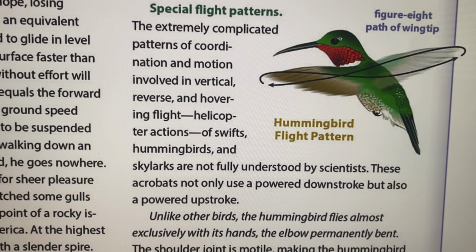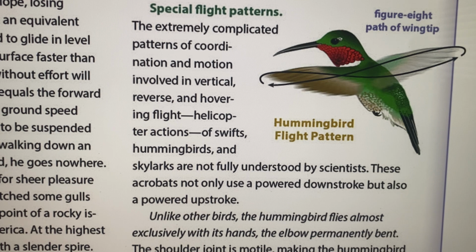The hummingbird has these little elbows, like a dragonfly. And so they tilt and they have this rowing motion, row back and forth, row back and forth, like that. And that keeps them up in the air, kind of like a dragonfly or an insect.